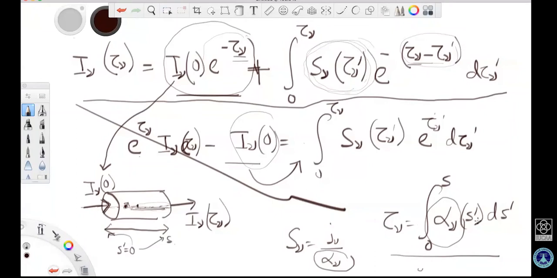And so tau nu here is 0, and tau nu here is tau nu, right? And at any other intervening material, it's tau nu prime, which will be basically the integral from the initial point.